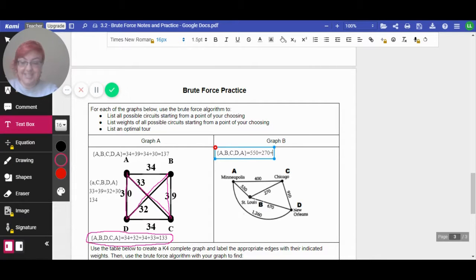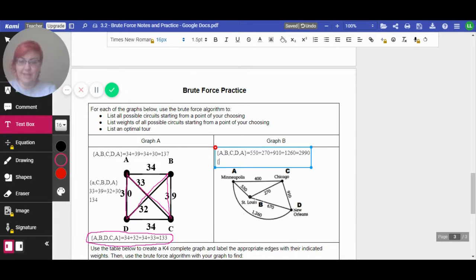C to D is 910. And D to A, goodness, 1,260. Adding that up, 550 plus 270 plus 910 plus 1260 is a total trip cost of 2,990.